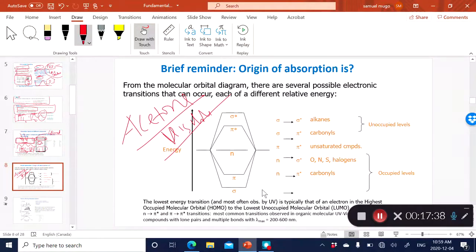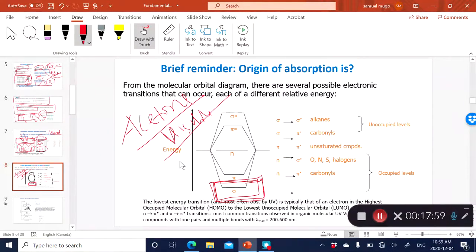If I've got a molecule, a straight chain hydrocarbon, we know the electrons that are present are only occupied in the sigma orbitals. And they do not have any pi orbitals, they do not have any n or non-bonding orbitals, and so forth.